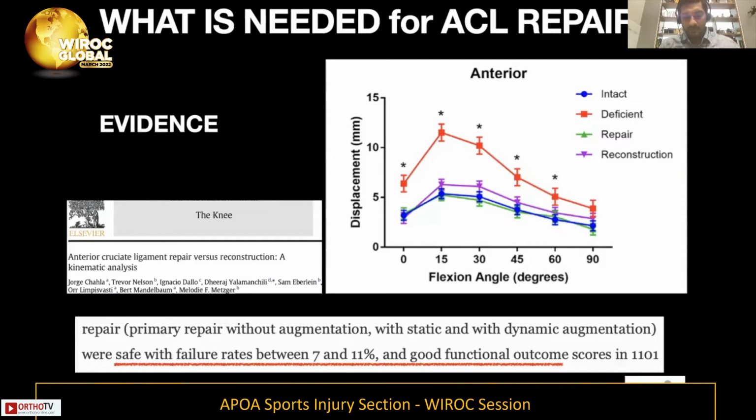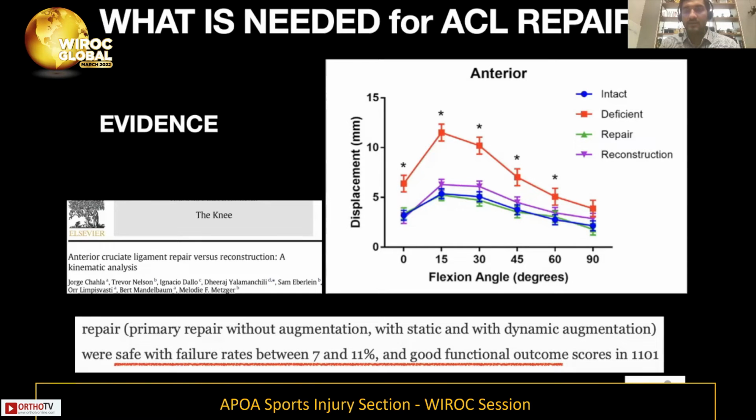So there are not a lot of studies published, but now there have been 2 to 3 randomized controlled trials as well. And a meta-analysis tells us one thing for sure, that ACL repair is safe. The failure rates may be slightly higher, between 7 and 11% vis-a-vis an ACL reconstruction, probably having a failure rate between 3 and 5%.